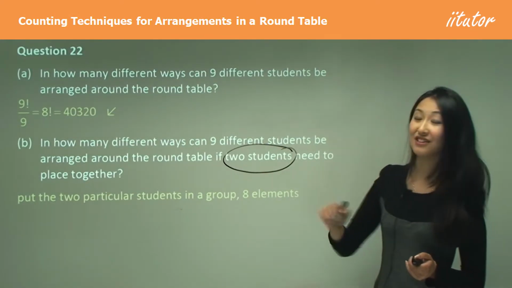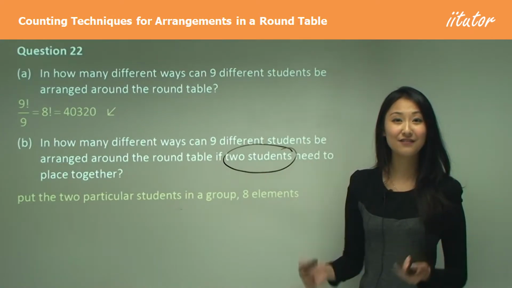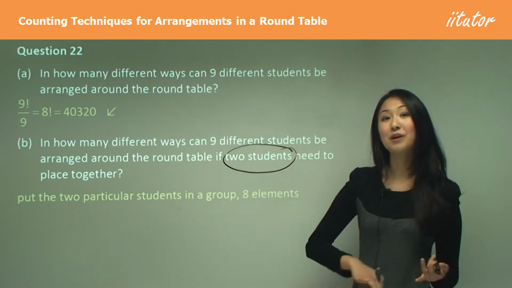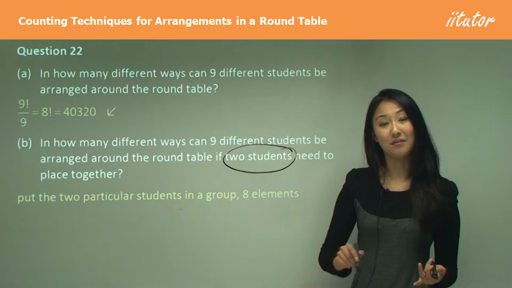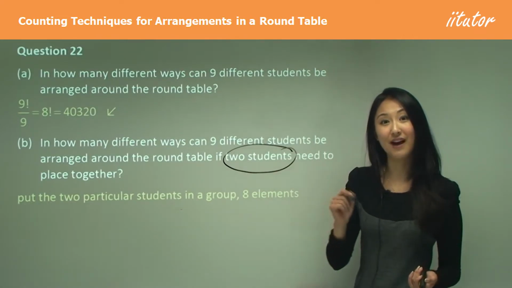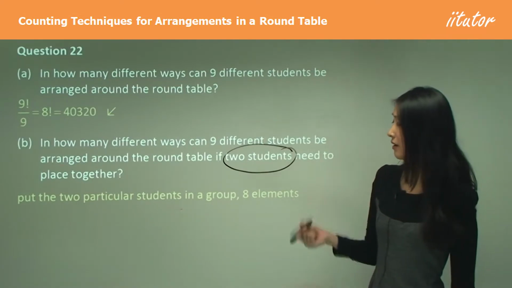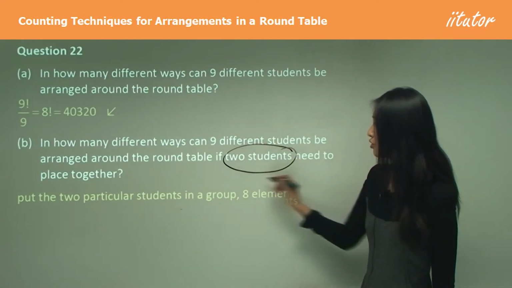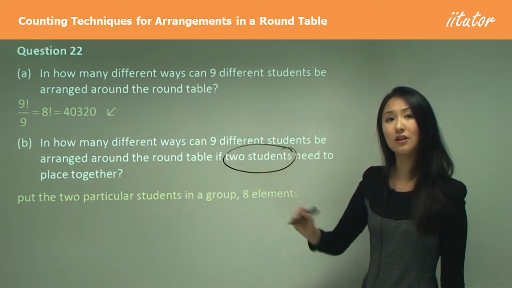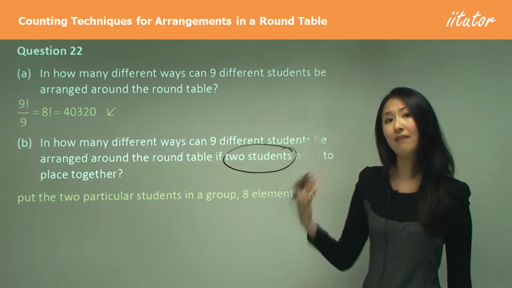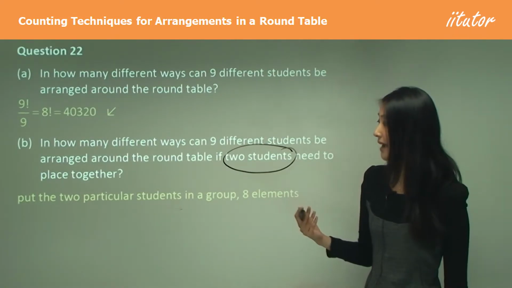But now they're in a circle, so we're going to have to divide by 8, the number of identical elements. Now be really careful not to divide by 9, because we're grouping those two students together. So there's only 8 groups, so then that's why we have 8 factorial divided by 8.